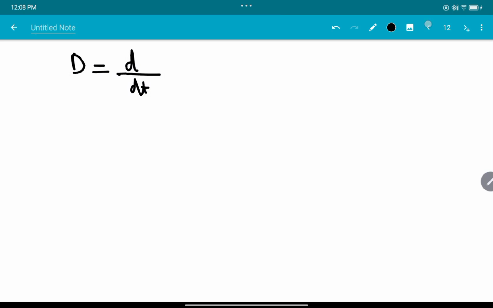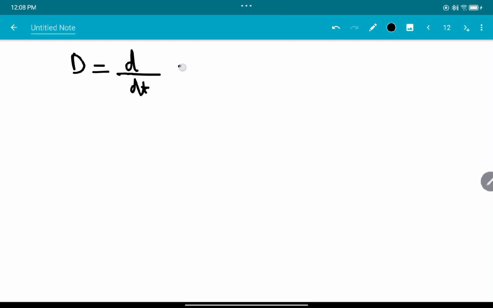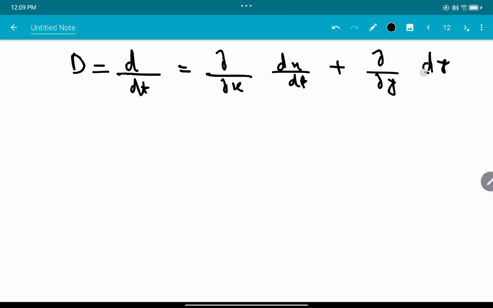And then d by dt is equal to, then we had this d by dt is equal to del by del x dx by dt plus del by del y dy by dt.